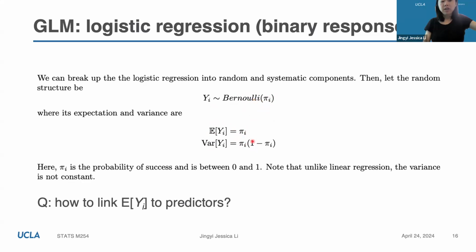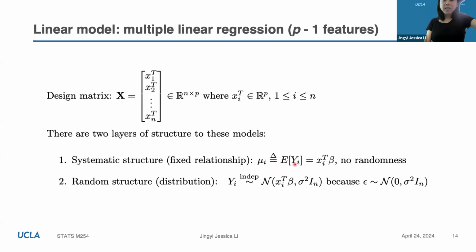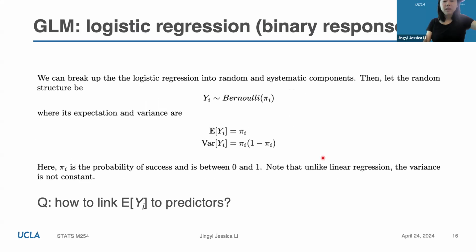Then the question is, how do we link this expectation of y_i to predictors? That's our question. Previously, in the linear model, we linked the E of y_i to predictors using the linear function, x_i transpose beta. But now, the expectation of y_i is pi_i, whose range is between 0 and 1. Then assuming this 0 to 1 value to be a linear function of predictors may not be possible.